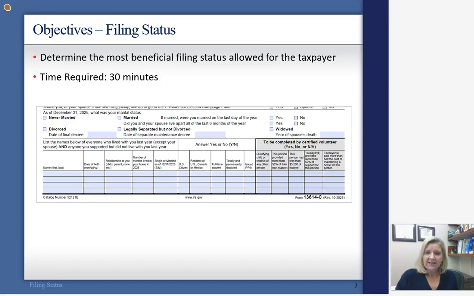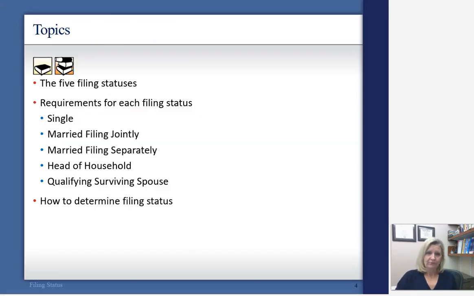If you're looking at the intake form, you can see a number of questions here that say whether or not the taxpayer is married, if they're legally separated, if they're divorced, and it's asking you for the date of when that happened. It also is asking you if they are widowed, if their spouse died either during the year or during some other year. This should not be overlooked, because there are filing statuses that benefit taxpayers who are widowed.